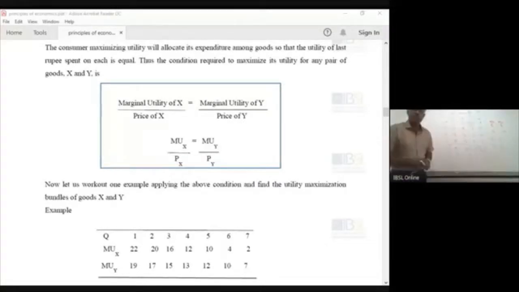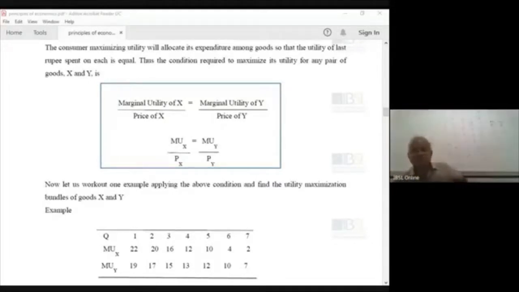That is the utility maximizing combination, 2 and 6. At 2 and 6, this condition is satisfied. That's how we take this down. You can see how to divide that, then you can easily calculate the other things.